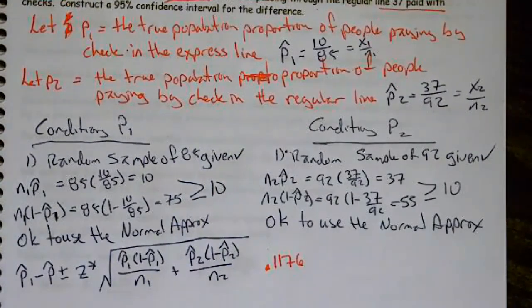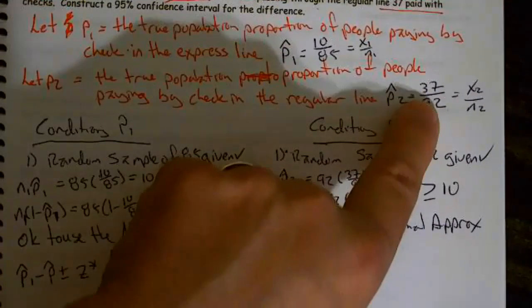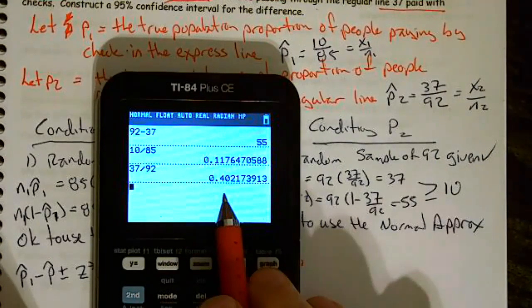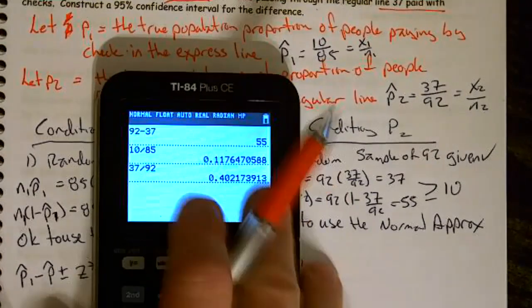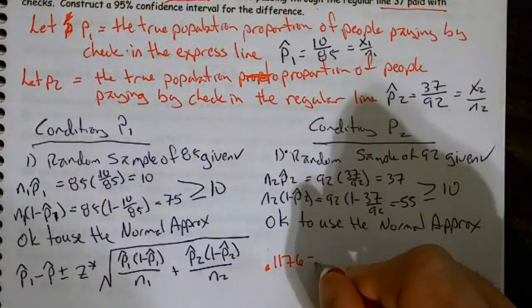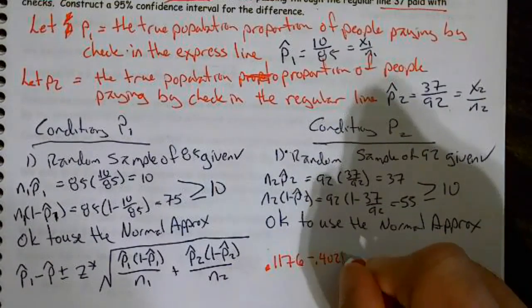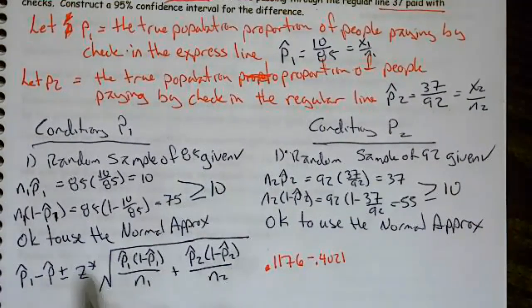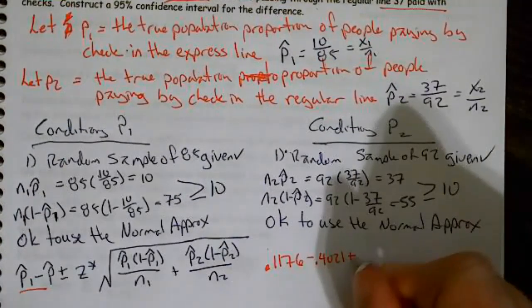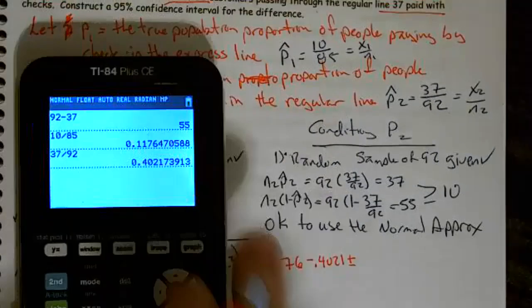And I also need to do the same thing for the 37 over 92. And that's 0.4021. So we've just taken care of this very first part. Plus or minus. Now I have to do the Z star.